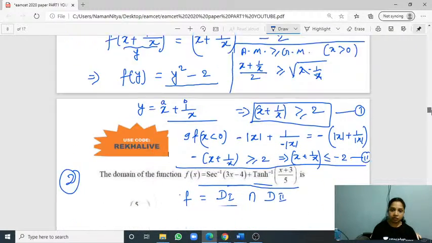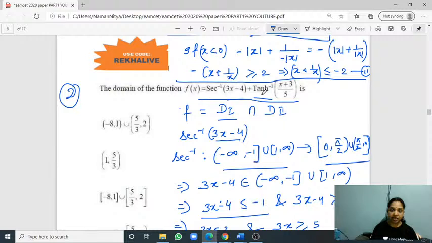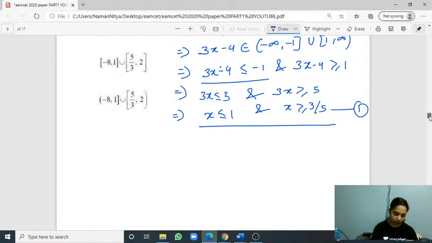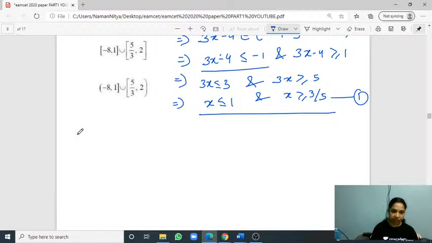Here we have tanh inverse. So let me just write, tanh inverse function is defined from minus 1 comma 1 to R. The meaning of this, the domain is minus 1 comma 1.